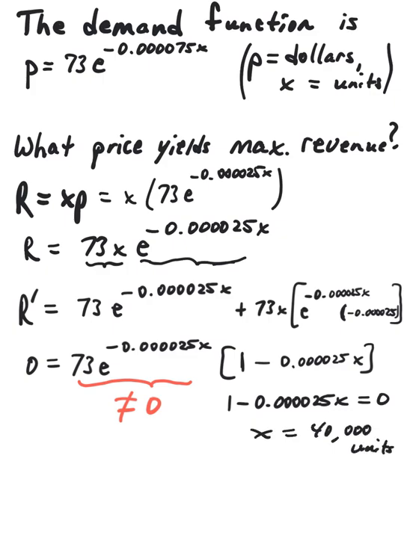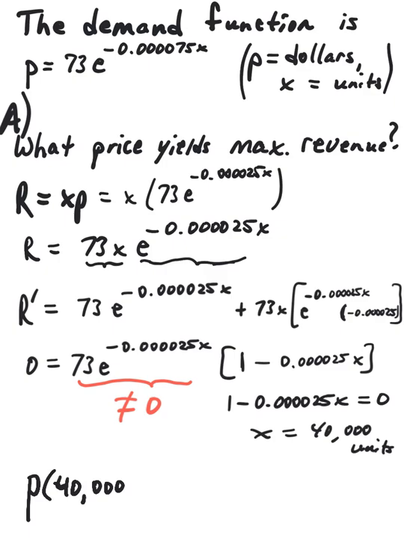Now that's not what this problem part A is asking. Let me go up here and actually label this part A, because there is a part B, and I'll have to do it on the next slide. I'm running out of real estate. But part A asks what price in dollars rounded to the nearest cent will yield a maximum revenue. Go back to your price function and plug in 40,000.